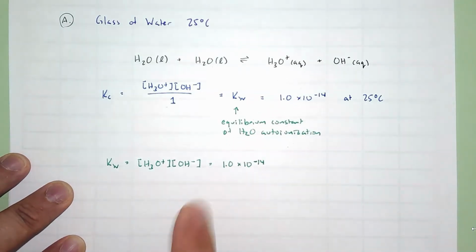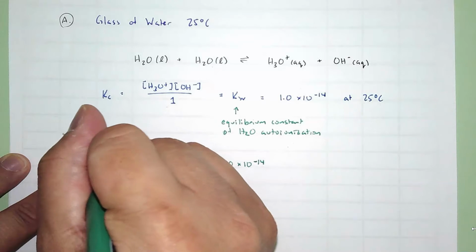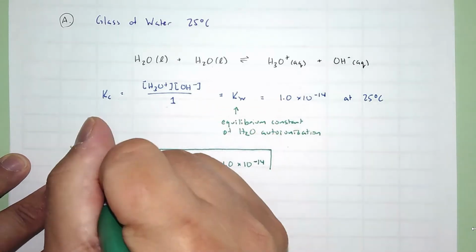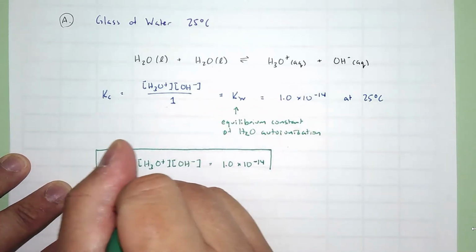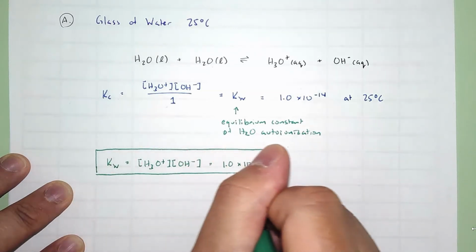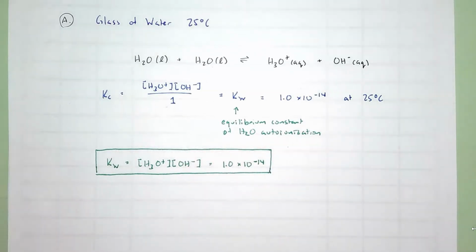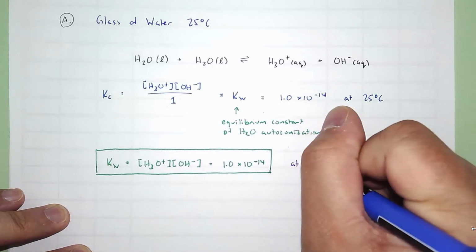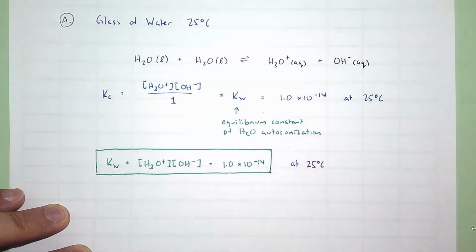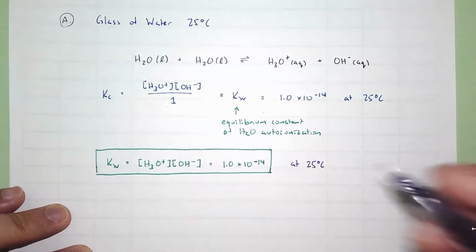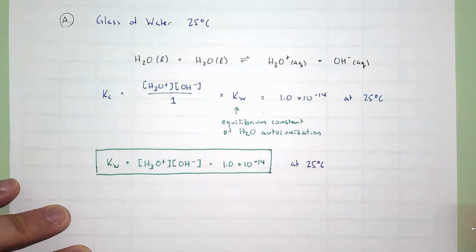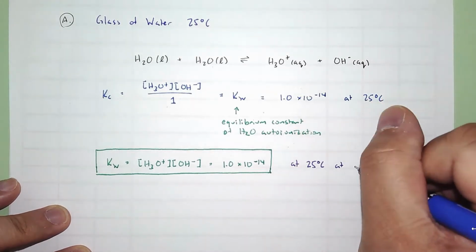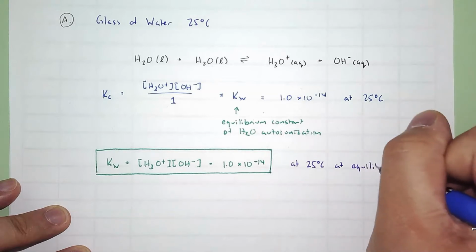K's are unitless. Let's put this in a box. And this is always true with pure water. This is at 25 degrees C. And because it's an equilibrium constant, this is at equilibrium. Once the reaction equilibrates, these concentrations are at equilibrium.